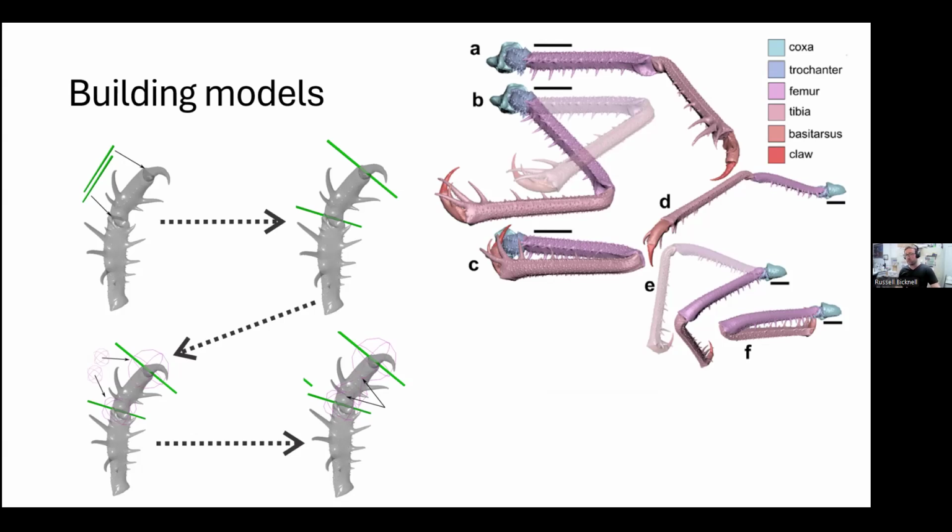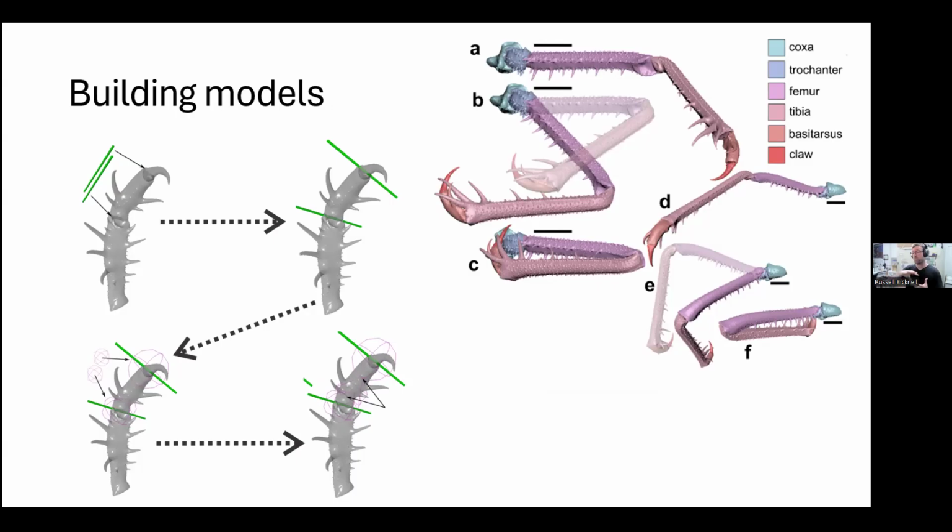So when we're building these kinds of models, we similarly need to either scan our animal or reconstruct our animal. And once we've got our scan, we can split up all the little bits and bobs of our arthropod. We're lucky, arthropods have a segmented body plan, segmented parts. So basically we can just chop off each different section.